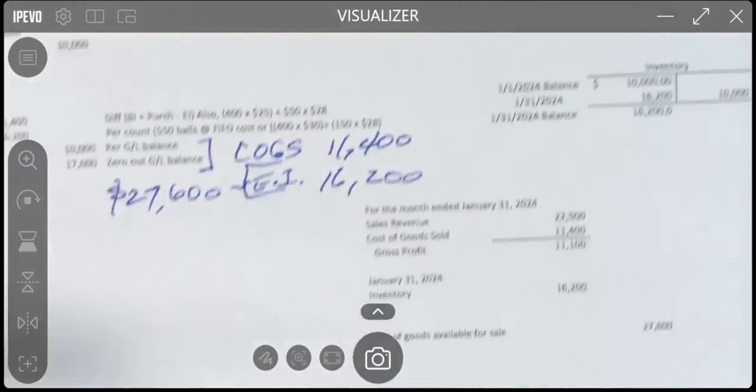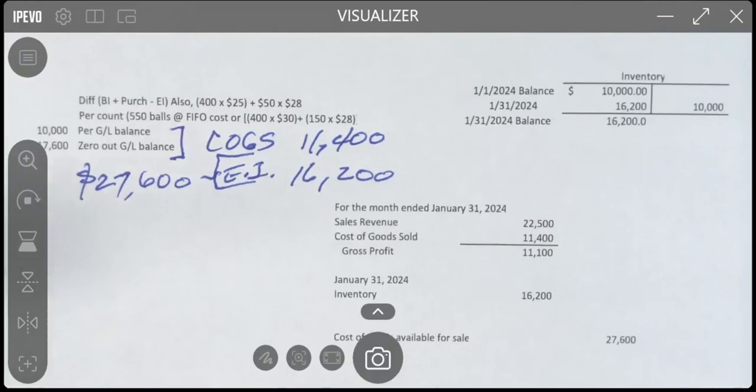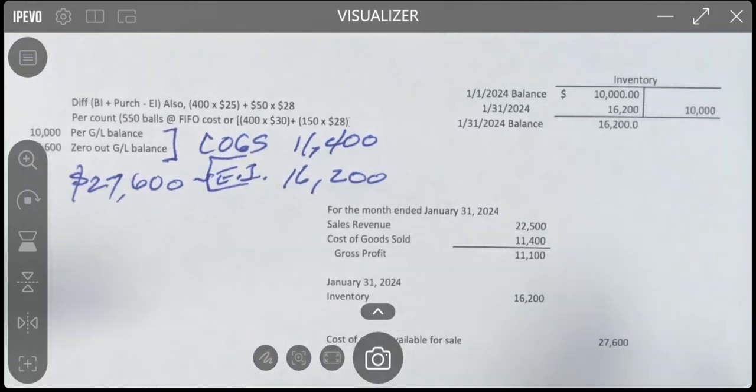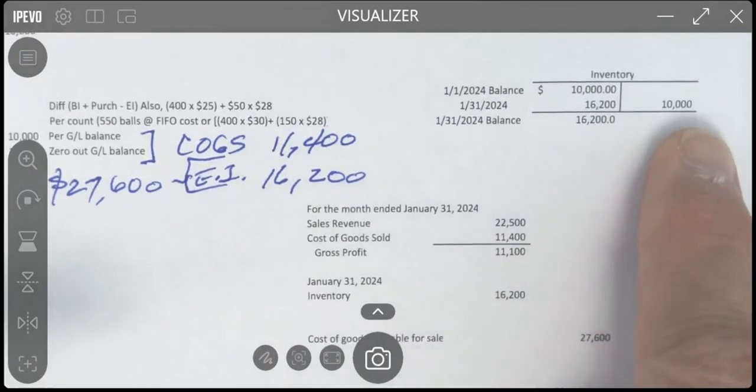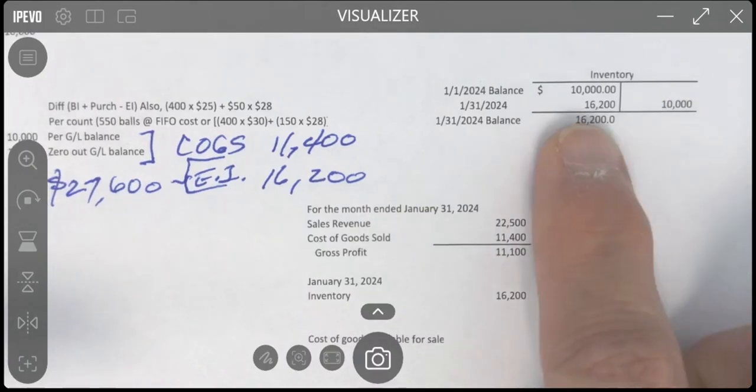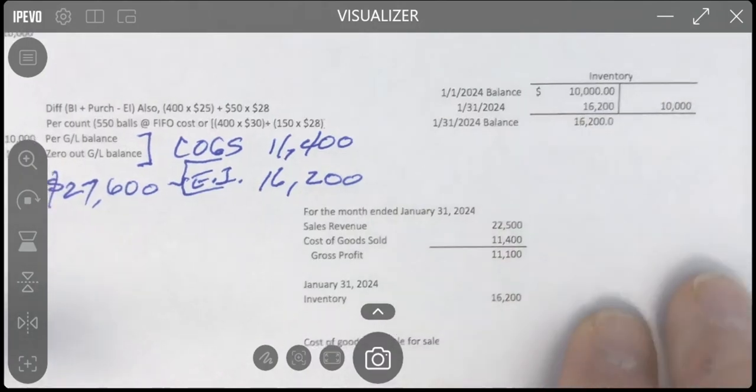And so there's what it looks like after we posted the adjusting entry. There's the 10,000 zeroed out credit and the 16,200 debit.